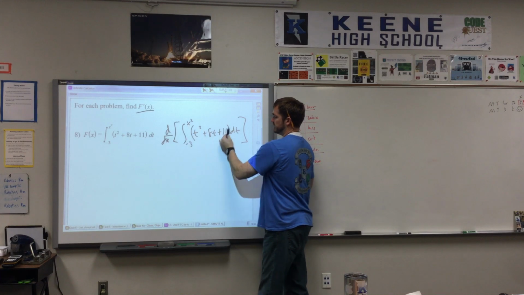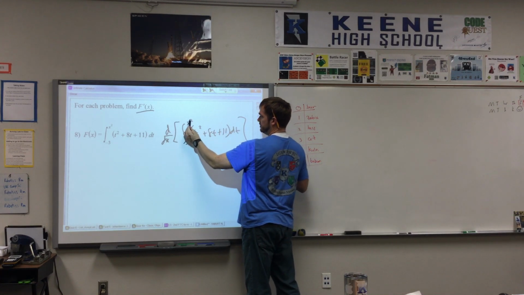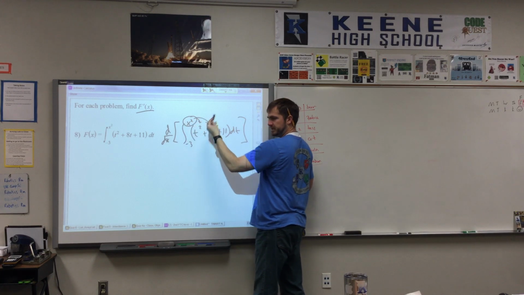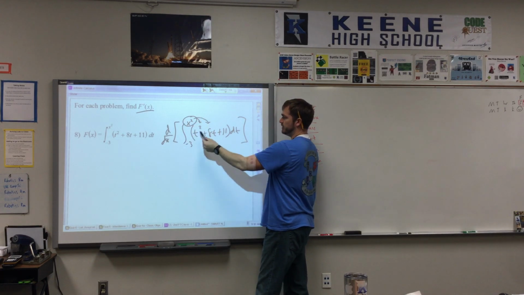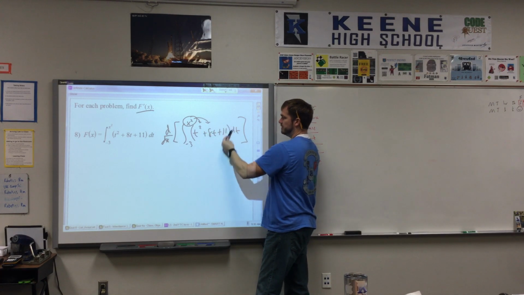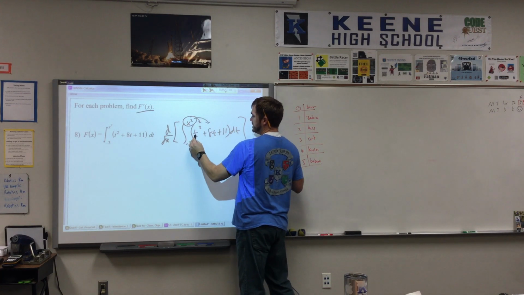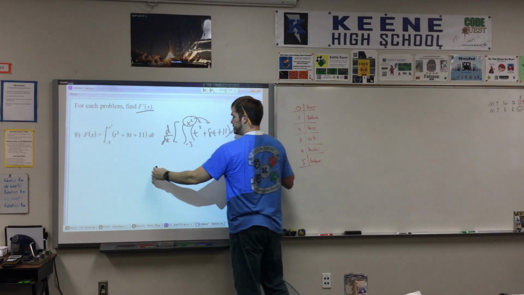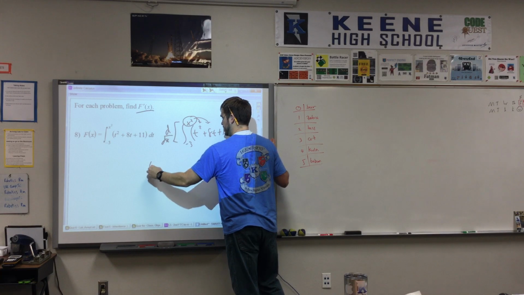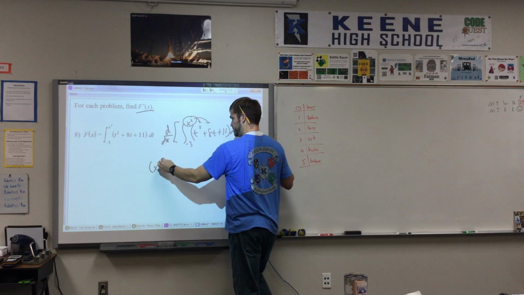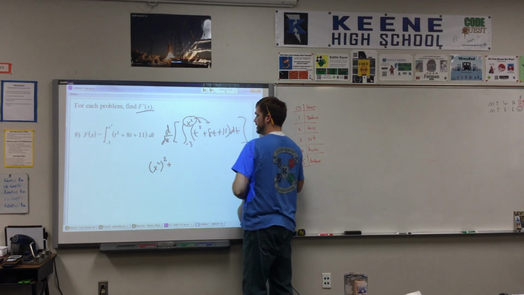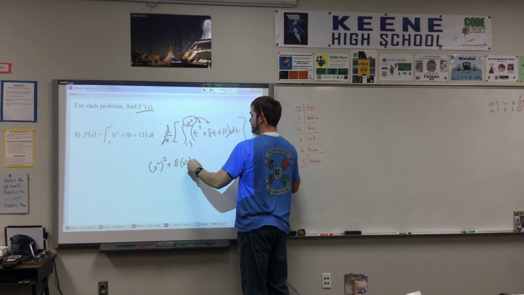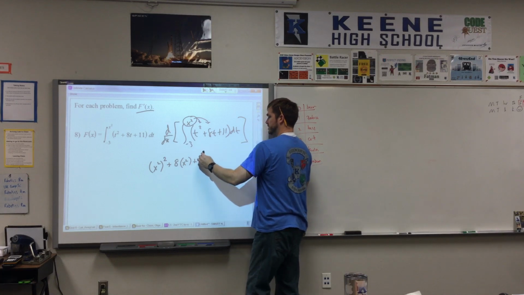The second fundamental theorem of calculus says to take that upper bound and plug it in every time you see a t. The derivative of the integral of this function is the function evaluated at that upper bound. So every time I see a t, I'm going to replace it with parentheses x squared. So x squared squared plus 8 times x squared plus 11.